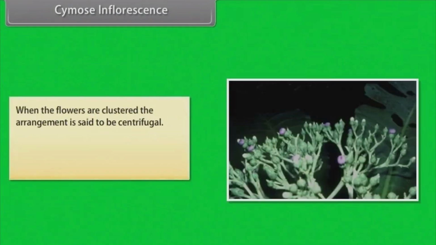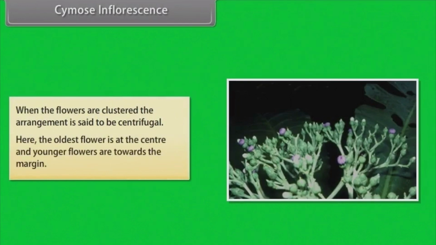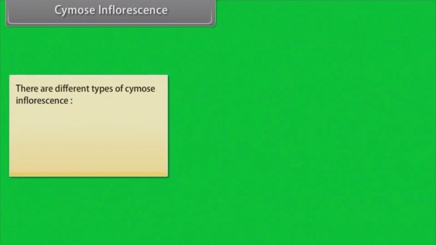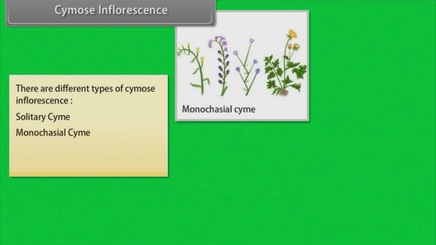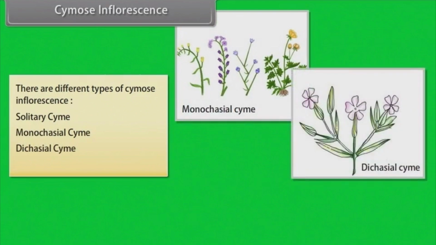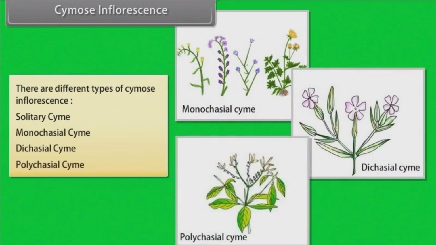When the flowers are clustered, the arrangement is said to be centrifugal. Here, the oldest flower is at the center and younger flowers are towards the margin. There are different types of Cymose inflorescence: solitary cyme, monocasial cyme, dicasial cyme, polycasial cyme.